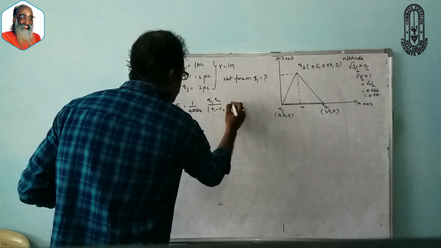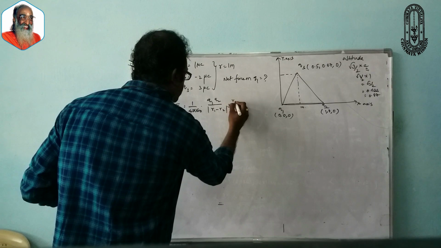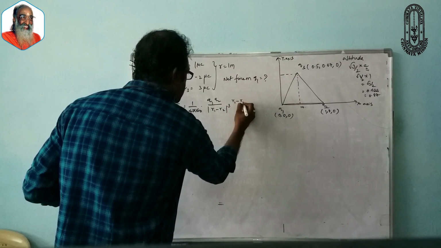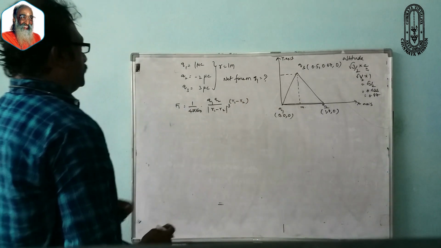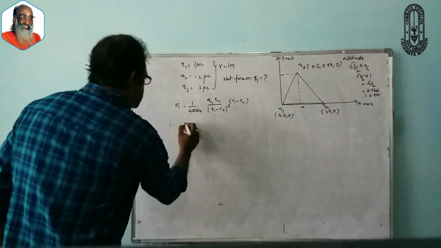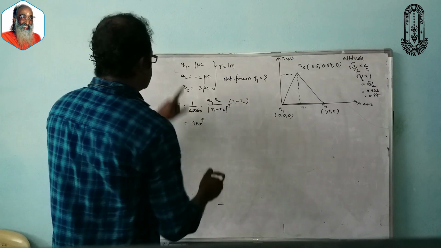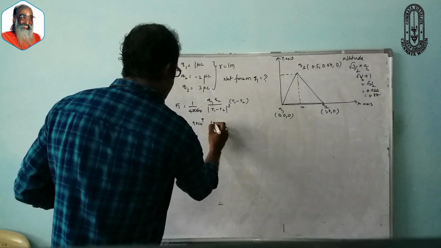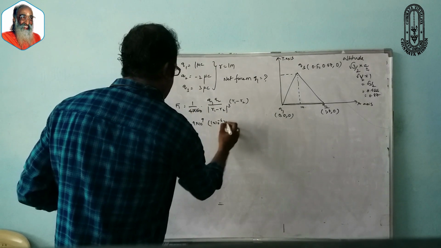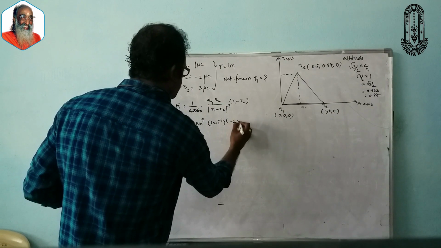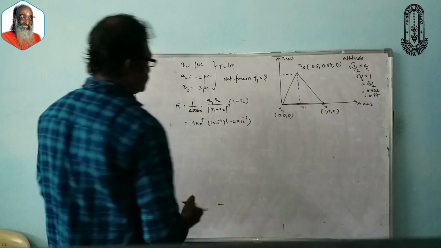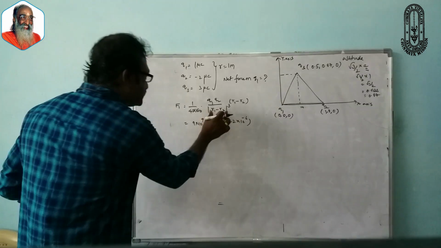Here there should be a vector R1 minus R2. Now this is 9 into 10 to the power of 9, and Q1 is 1 into 10 to the power of minus 6, and Q2 is minus 2 into 10 to the power of minus 6, and this is the magnitude, right? The magnitude of this vector.